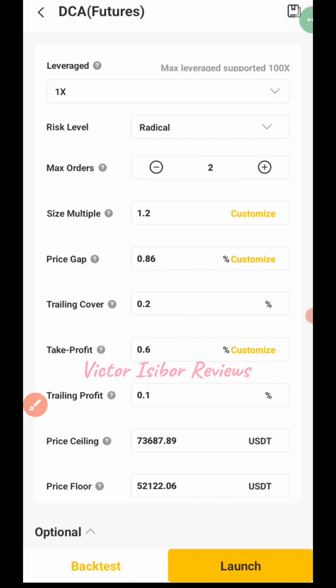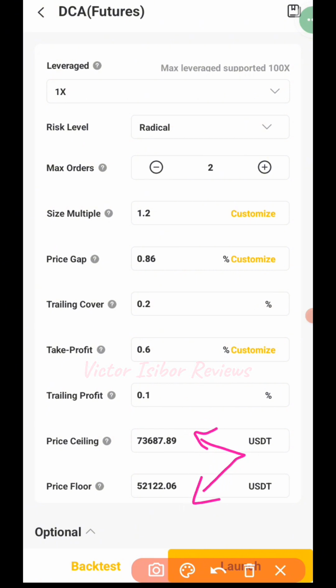It's like sending a child on an errand to go and buy biscuit for you, but you don't know the price of the biscuit. So you will give that child a range. I don't know how much they sell biscuit for, but I know that biscuit cannot be more than 100 naira, neither can it be lower than 20 naira.